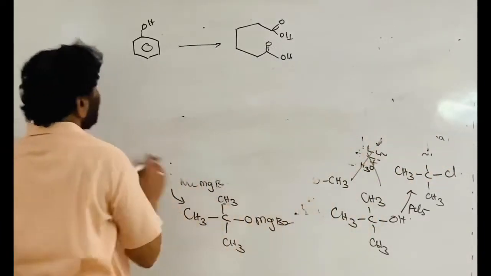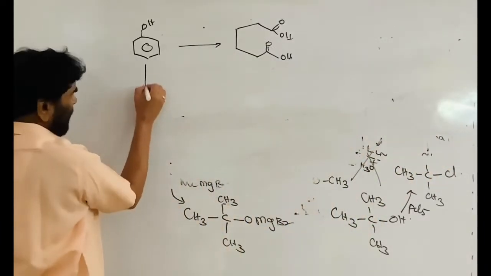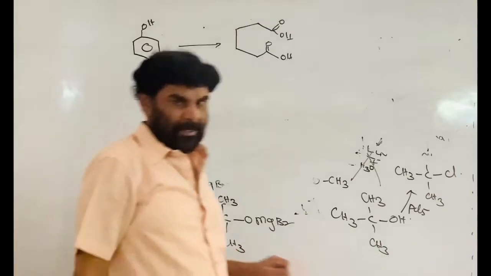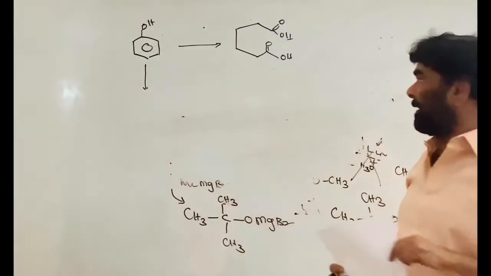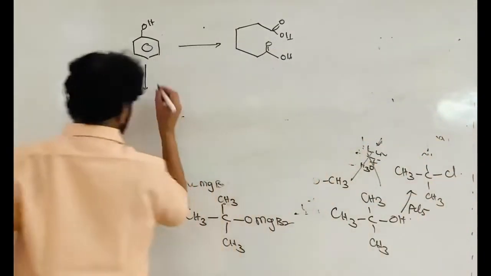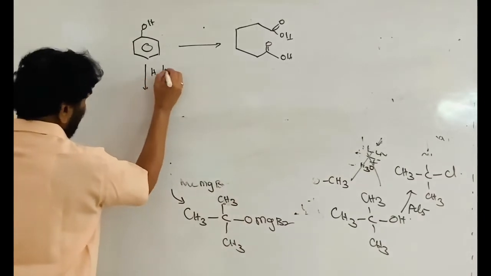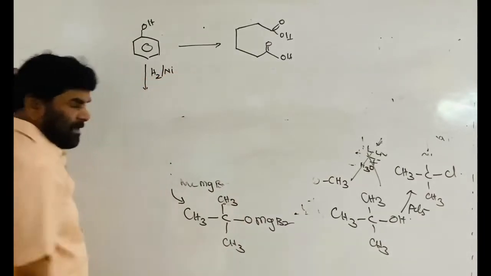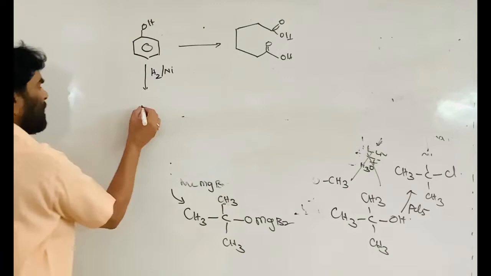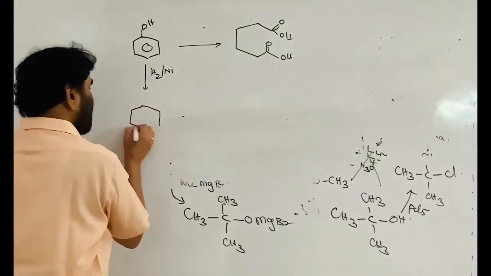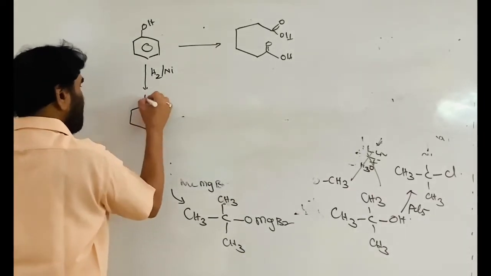See here, what is happening? The ring has to be opened, and there is an aromatic ring. It is not easy. That is, treat with hydrogen in the presence of nickel under high pressure conditions. The benzene takes part in the hydrogenation of double bonds.